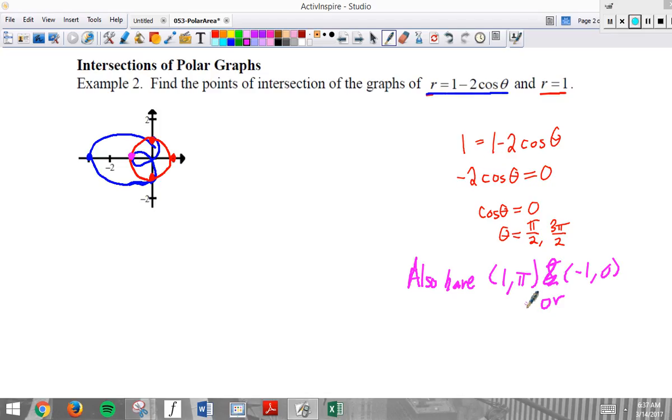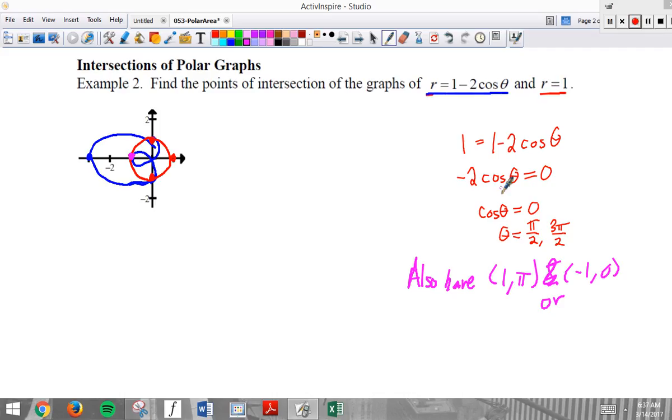Why do our equations miss that idea? It's very strange. And the main reason for it is that when theta equals 0, r is going to be recorded as negative 1. And this r will never look like negative 1.